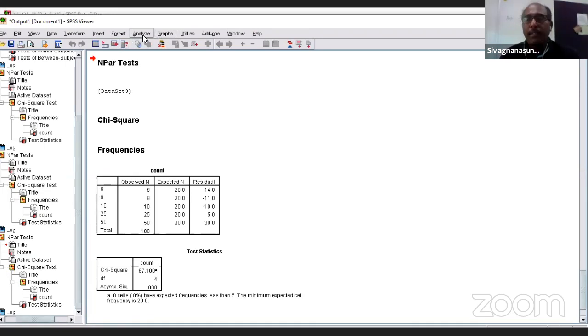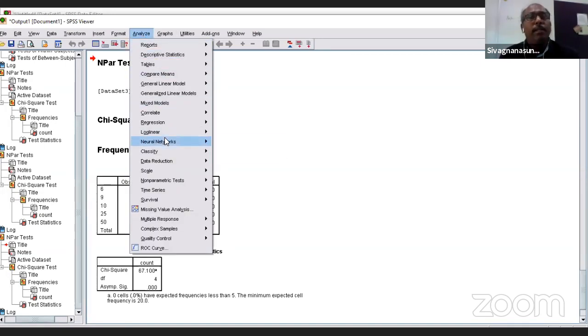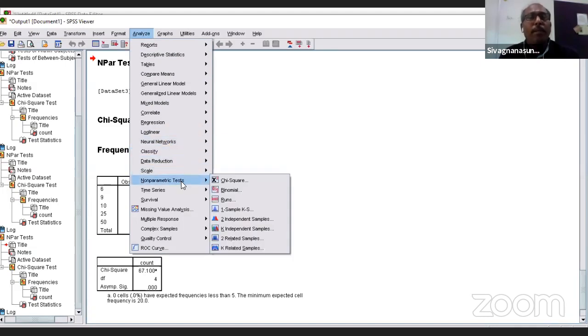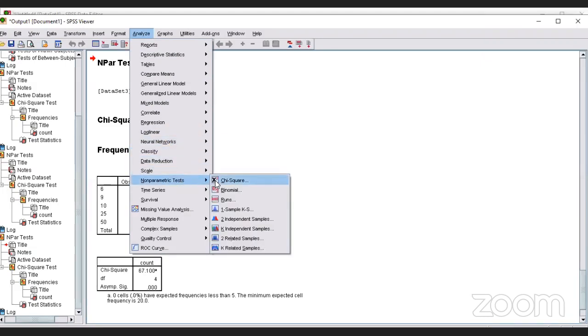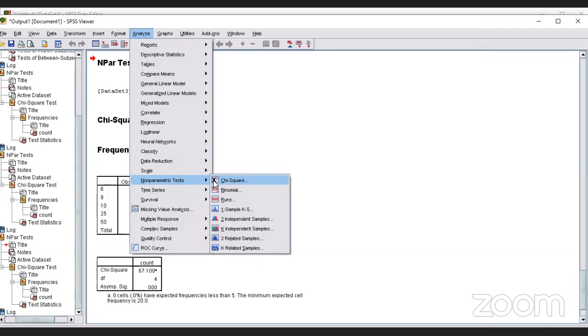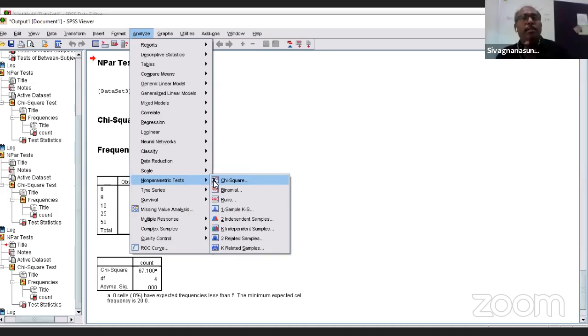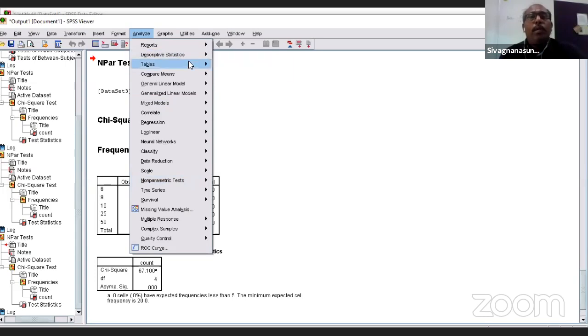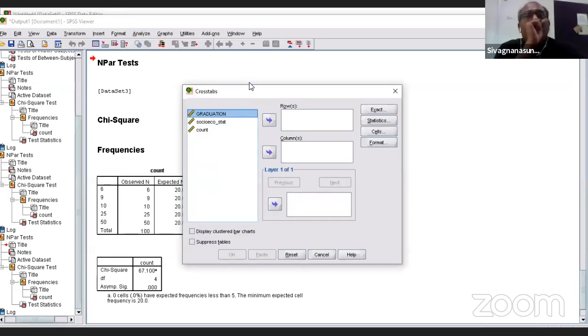Now I have to analyze the data. Analyze. You cannot use a non-parametric test now, because if it is goodness of fit, then you can use chi-square from there. For this type of association test, I have to go to descriptive statistics, under cross tabulation.